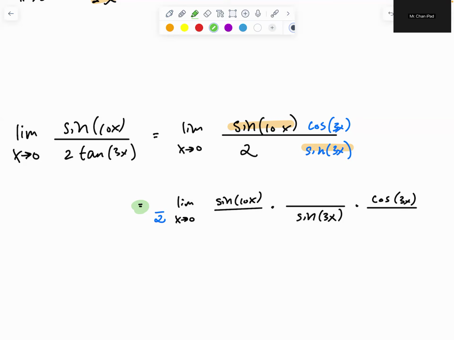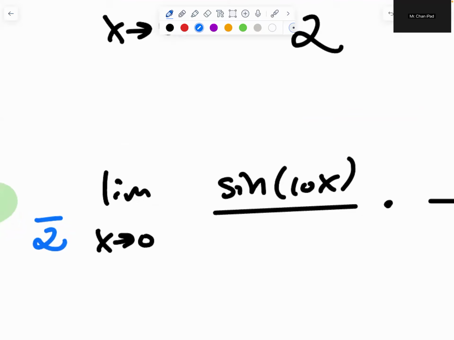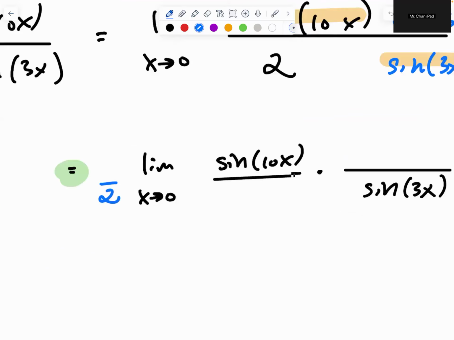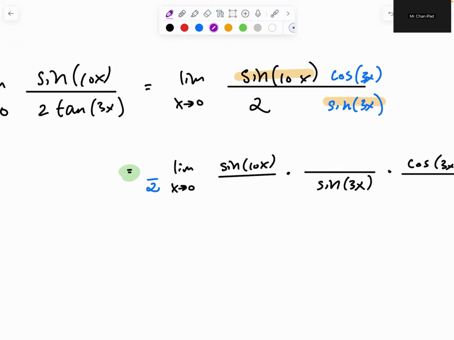And I am seeing some benefits and advantages of doing this because, what do we want to see underneath the sine of 10x? Let's make 10x here. Well, how? First, we cannot alter the value. We cannot just put an x right here. But what you could do is multiply by 1 in the appearance of x over x. x over x is 1, right? So you can multiply by 1.